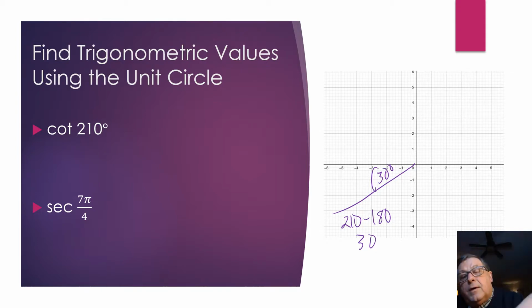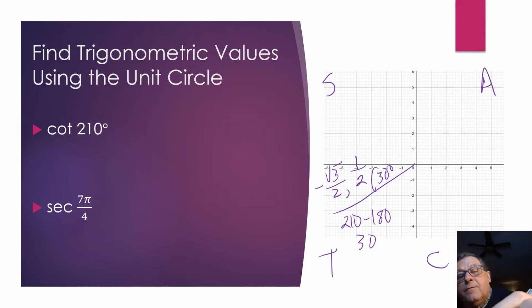Now, when I've got a 30-degree reference angle, again, let's do all students take calculus. Let's see, 30. Oh, yeah, that's where I'm at. Well, the cosine is square root of 3 over 2, but we're in the third quadrant, which means that's negative. And my sine is going to be 1/2, but it's also going to be negative, which is why my tangent function and its reciprocal cotangent are both positive, because both the cosine and the sine are negative at this point.